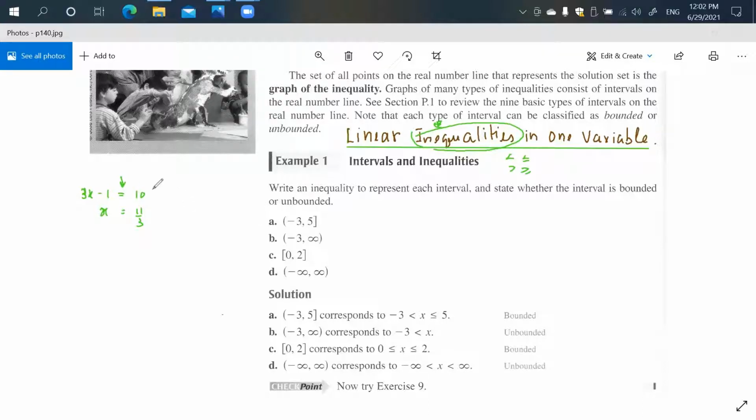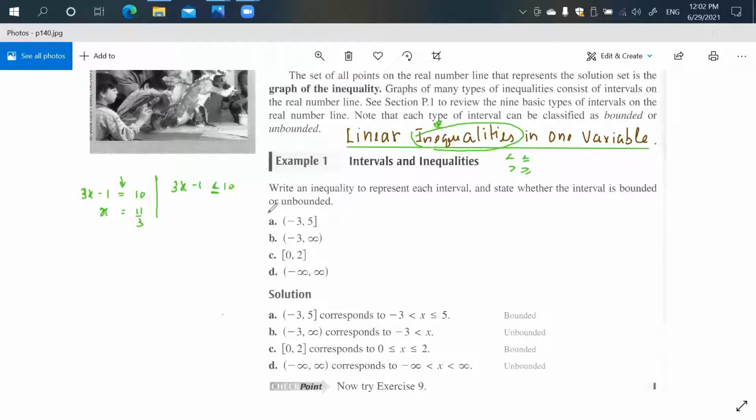For this example, you write down 3x minus 1, assume less than 10 like this. When you solve, you do it the same way, but inequality has more meaning. If you want the equal sign also, you put a line underneath to represent the equal sign. We're gonna practice this inequality later on.